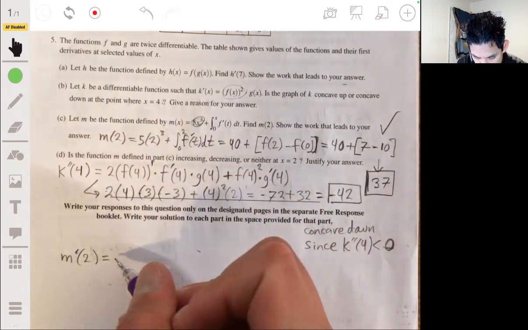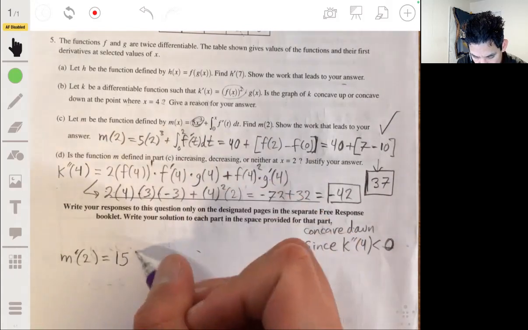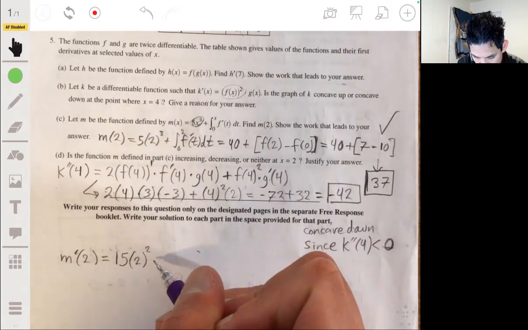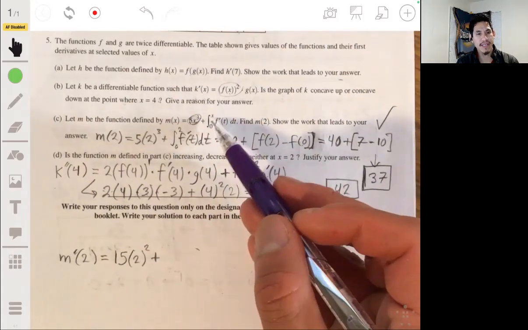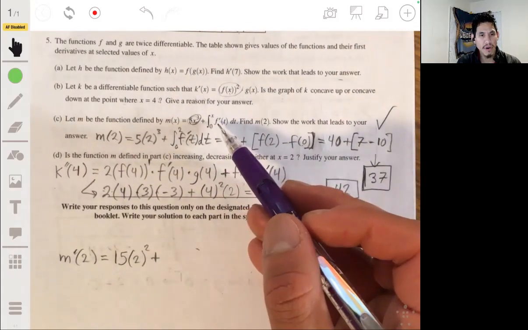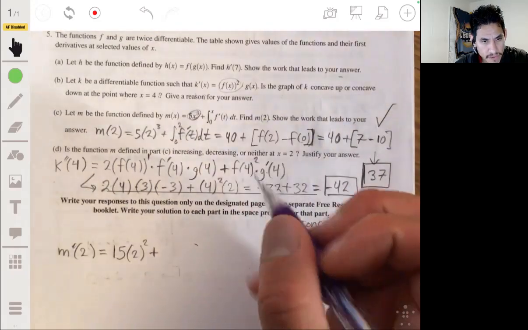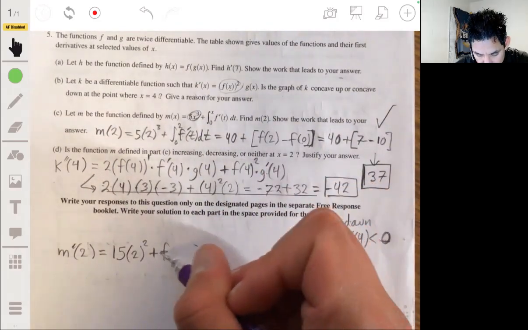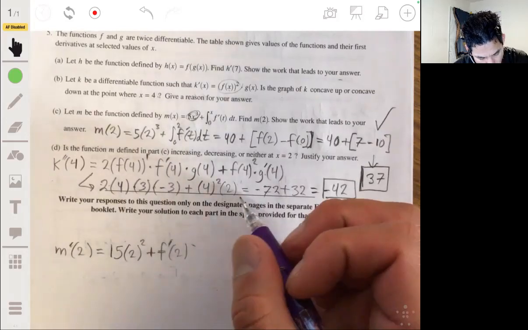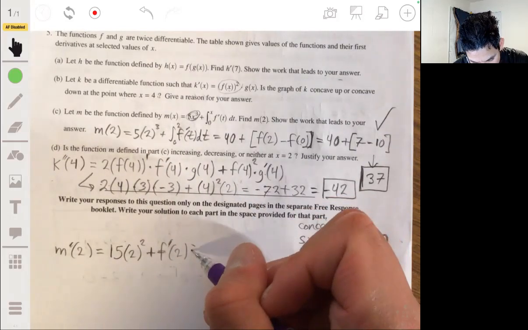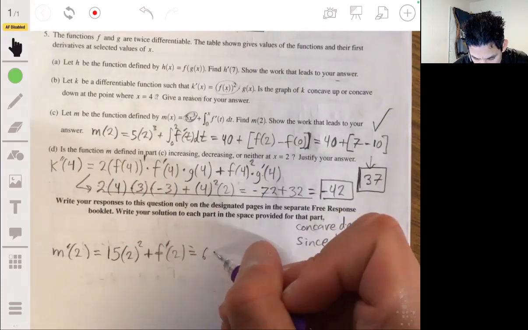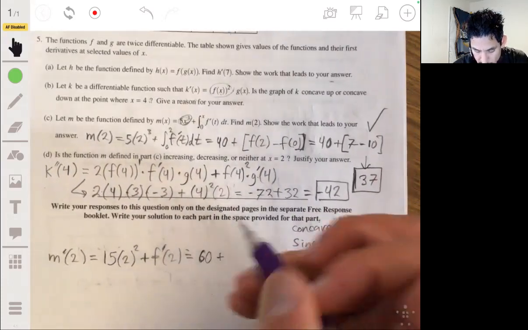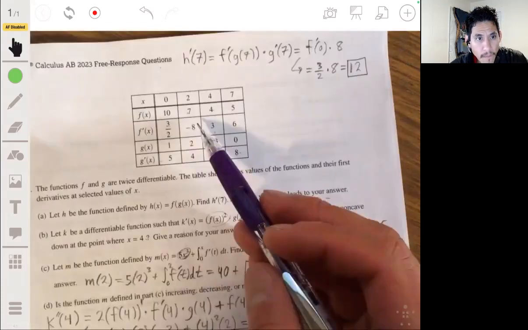the derivative of this, but we're going to plug in 2 for x, so we just save a step. So 3 times 5, 15, x squared, or in this case, 2 squared, plus, when we take the derivative of an integral, it cancels out the integration. So all we then have is f prime of t, and since we're evaluating at 2, we'll have f prime of 2 there. And then we just have 15 times 4, or 60, plus f prime of 2, which we can see is negative 8.